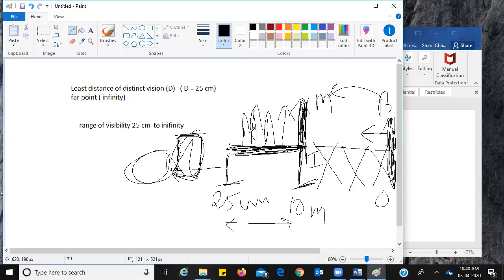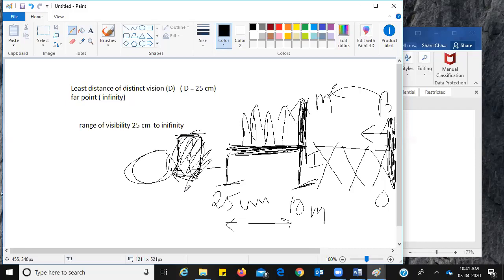For eye defects I use the concave lens. Optical instruments always form an image within your normal vision. Normal vision is from 25 centimeter to infinity.